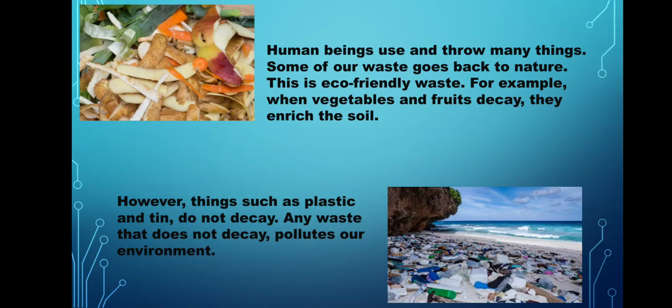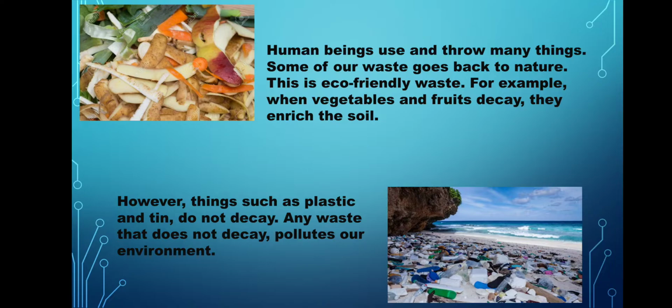Now you are having a banana, you just peel the skin and throw it on the ground. That skin will decompose and it is eco-friendly. It will enrich the soil. The vegetable peels will enrich the soil. But plastic, bottles, those don't decompose, and will create pollution.